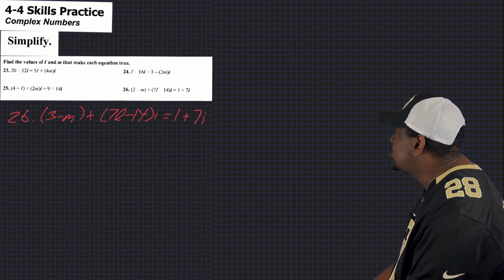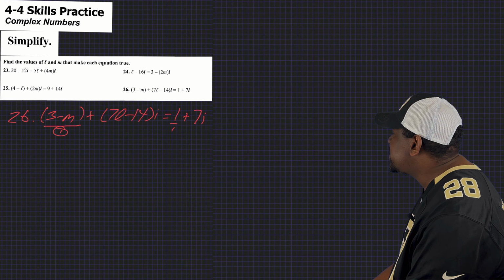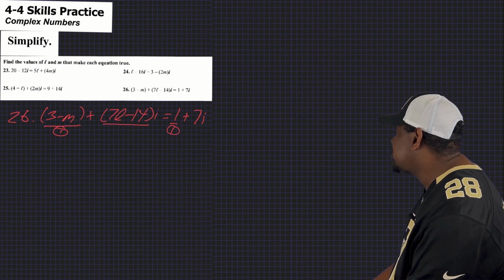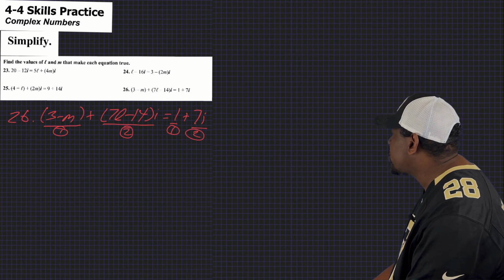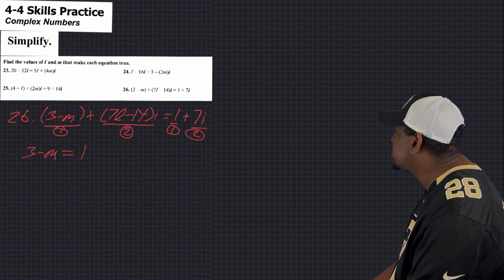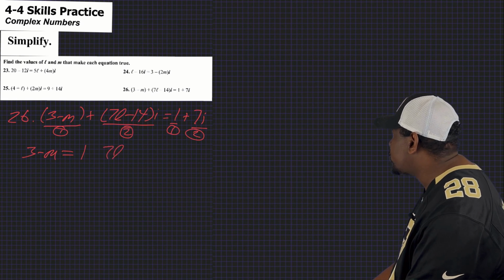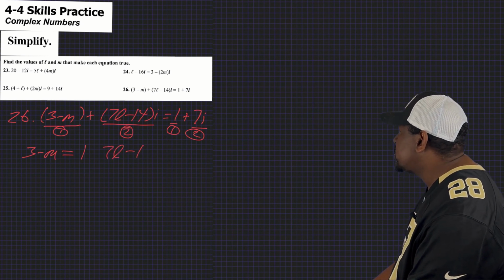We classify 3 minus m as a real term because it doesn't have i, and 1 does not have i, so we make those two terms like. And the two i terms, 7l minus 14 and 7, we put together.